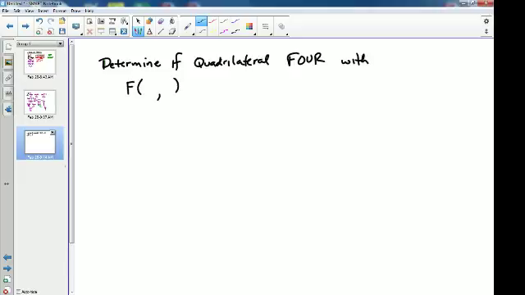Each letter is going to have a point. You remember how to name quadrilaterals? Each point has a letter that associates with it. F is 3, 2, and O is 2, negative 4, U is negative 2, negative 3, and R is negative 3.